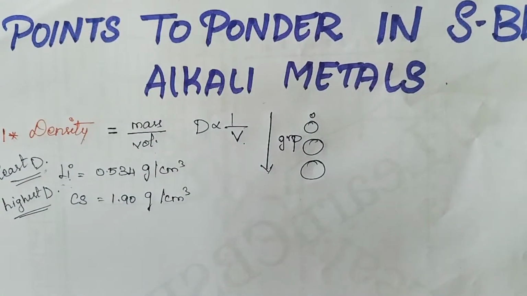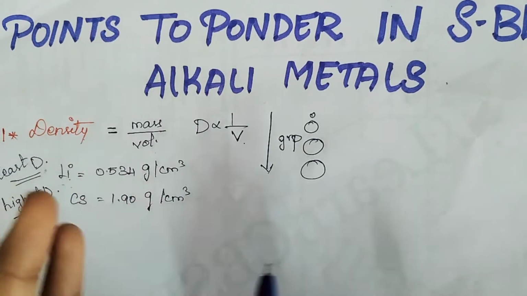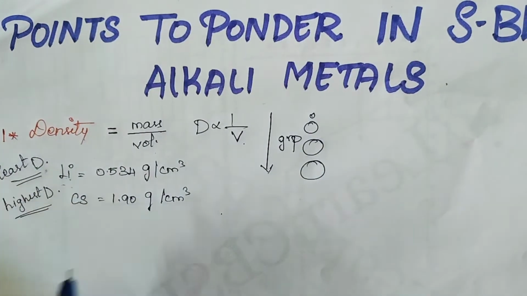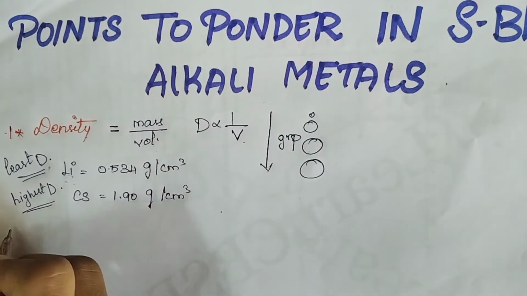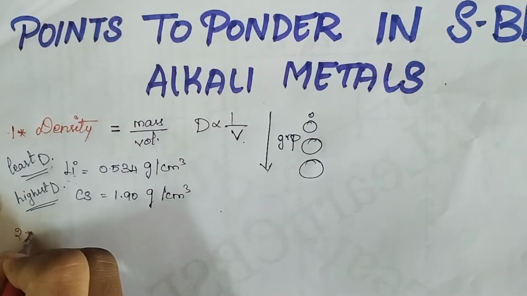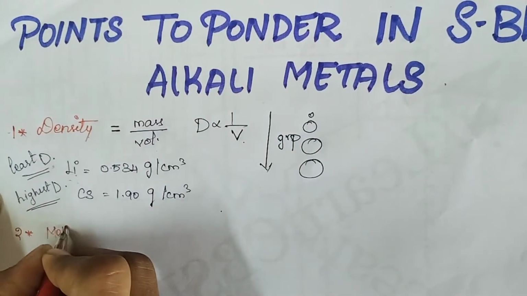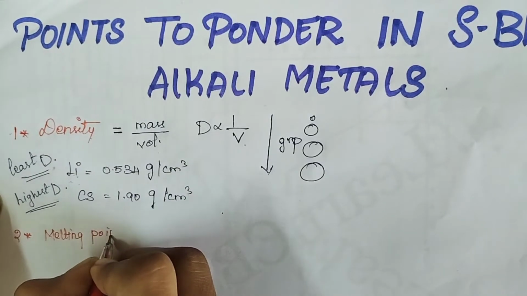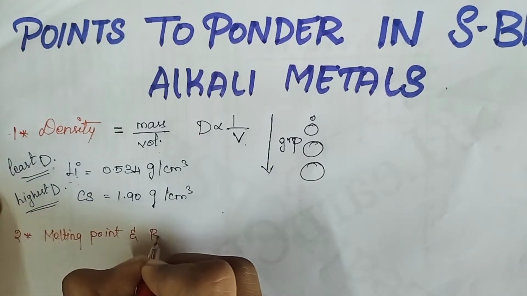Now, the next property is melting point and boiling point. How are melting point and boiling point related with the size? The second point is melting point and boiling point.